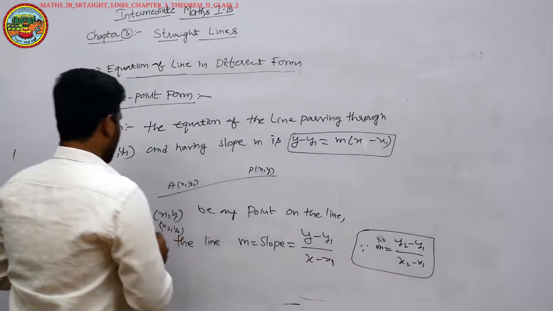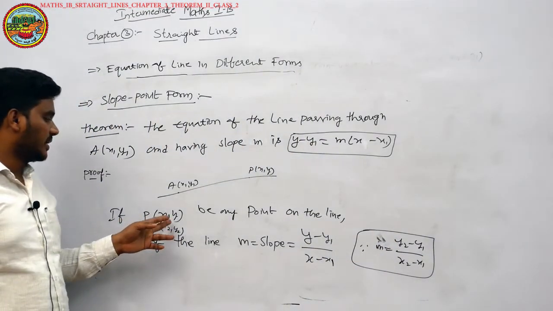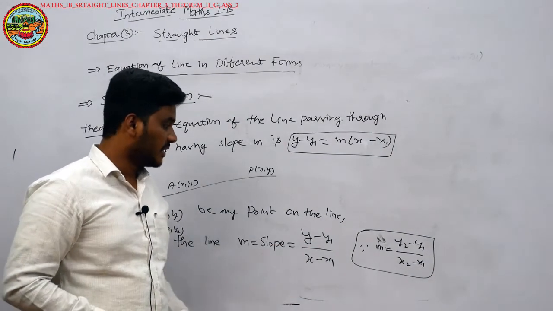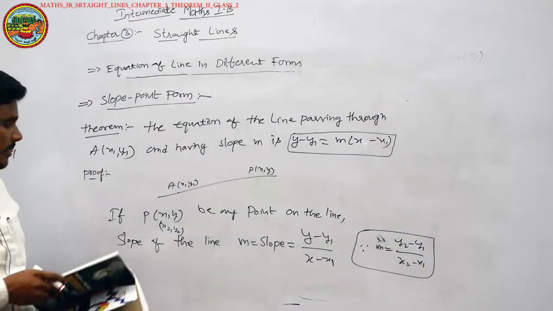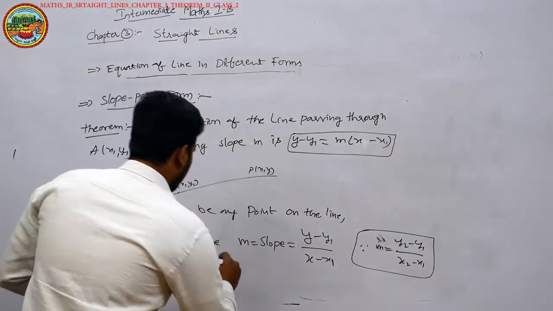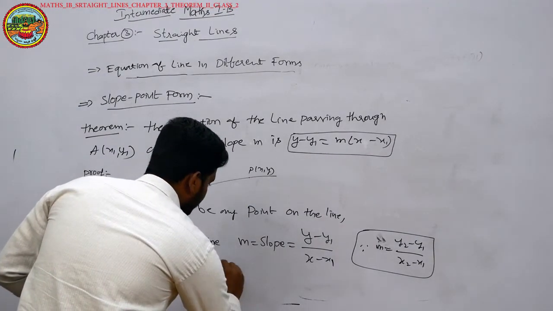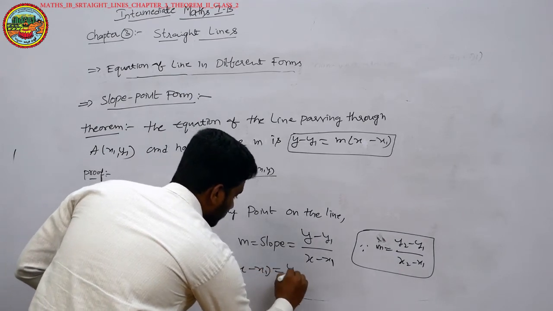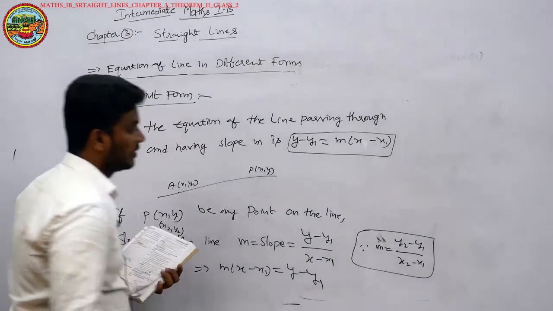Here x2 comma y2 are taken as x comma y, so we get m is equal to y minus y1 by x minus x1, which implies m into x minus x1 is equal to y minus y1.